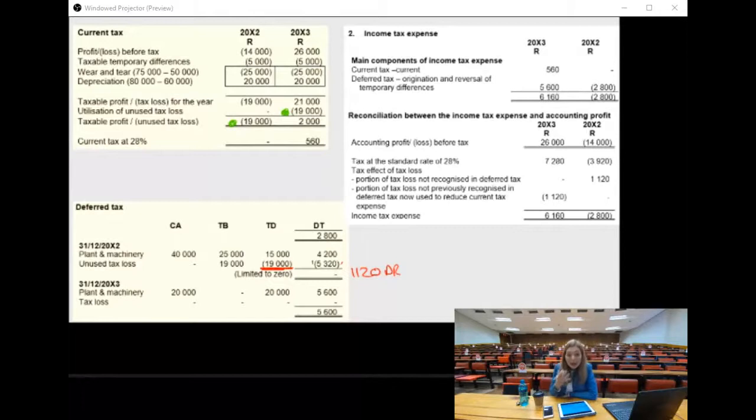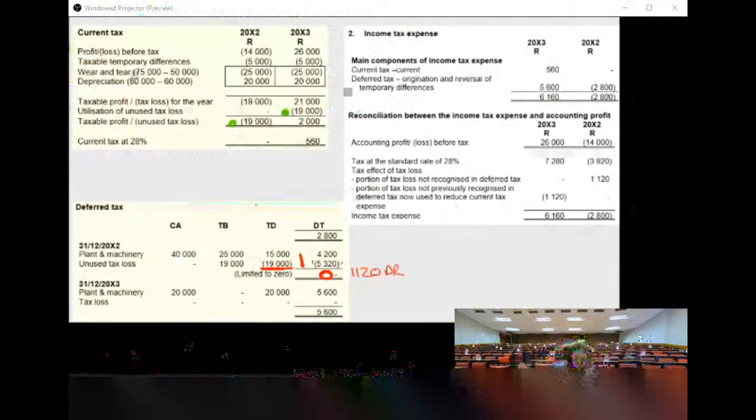But now we're not allowed to recognize the asset, so we have to limit it to 0. Okay, so we have this limitation. You can see that this calc does not work out because we had to limit it to 0. We could not show that negative amount for deferred tax.